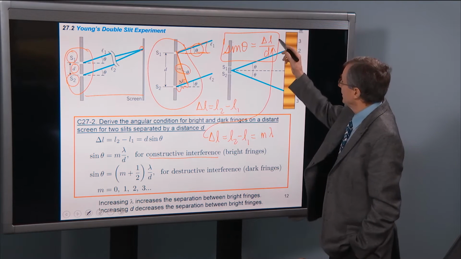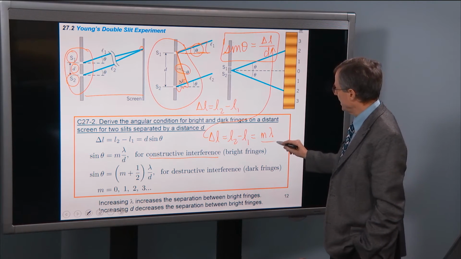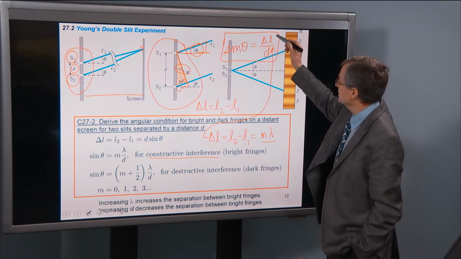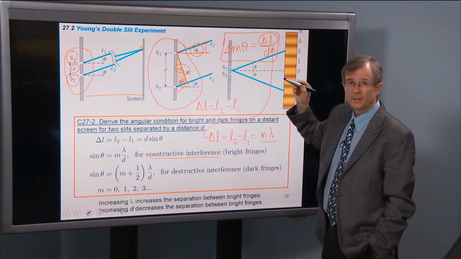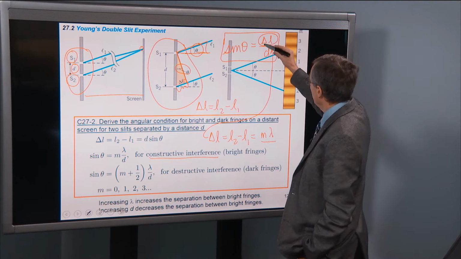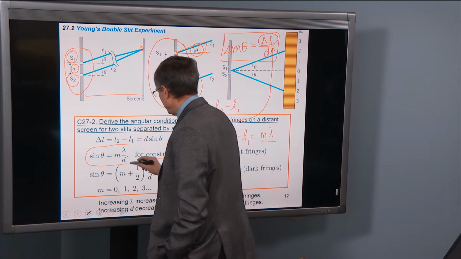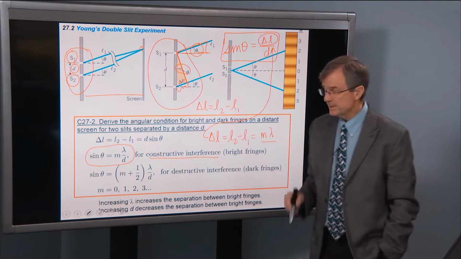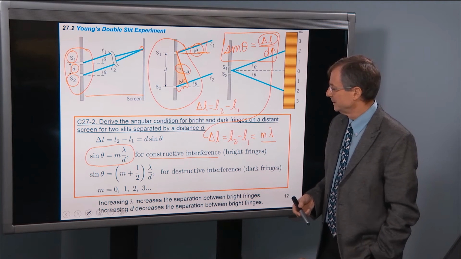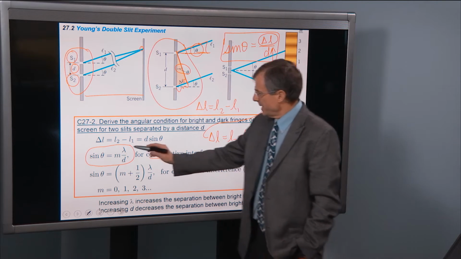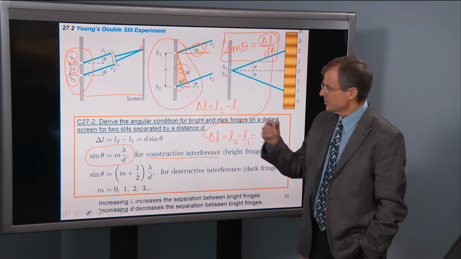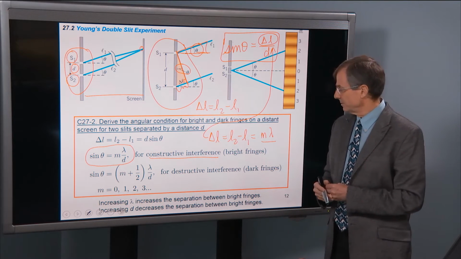And we got delta L is equal to m lambda. So I'm going to substitute m lambda in here for delta L, and we'll get m lambda over D. So that's exactly what we get here for constructive interference. The sine of the angle is m times lambda over D. Comes straight out of concept 27-1.